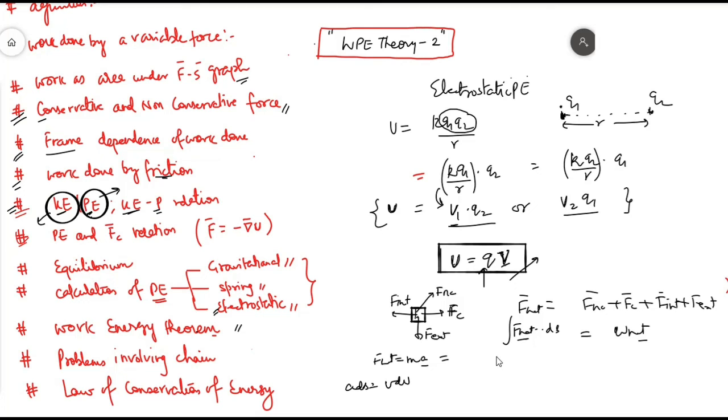So this integration is M A ds, and then A ds is going to be V dV. So the integral of M V dV is going to be your work net. I can take M outside, and the integral of V dV going from V1 to V2 is going to be V square by 2 going from V1 to V2. So this is going to be M V square by 2 minus M V1 square by 2, and that is your work net. So it's saying that the work done by all the forces is basically the change in kinetic energy of the body.